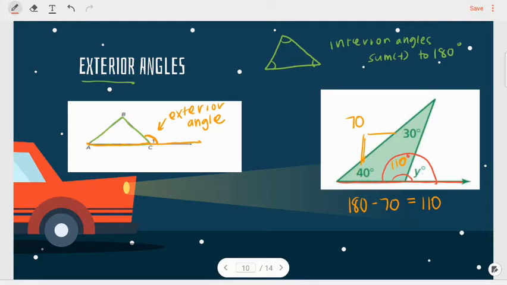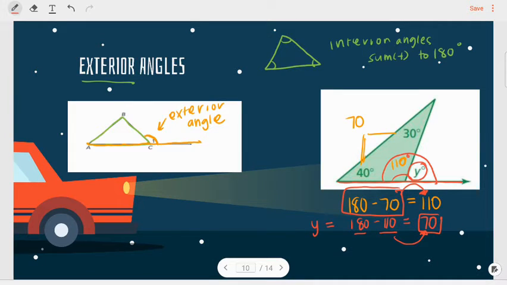So how would I calculate this remaining Y? 180 minus 110 will give me Y. So Y equals 180 minus 110, which is equal to 70. Now if you notice, I just undid my operation. I took 180 minus 70 and got 110, and then I just undid that again. I took 180 and subtracted 110 and got 70.